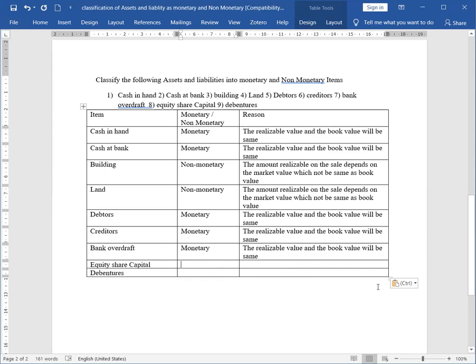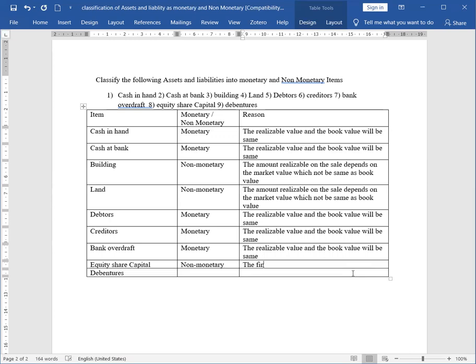Why? Because the settlement happens based on the assets and liabilities, and based on that only it will be settled. At the end, whatever is remaining will be paid to equity shareholders. So they will not get the same amount as given in the balance sheet. So this is a non-monetary item. Why?